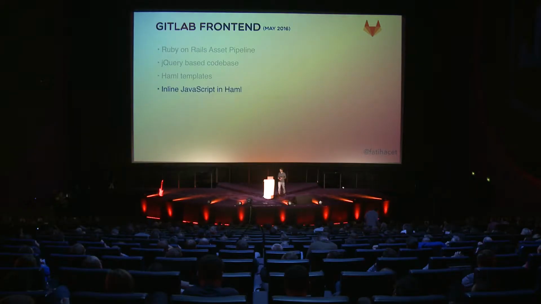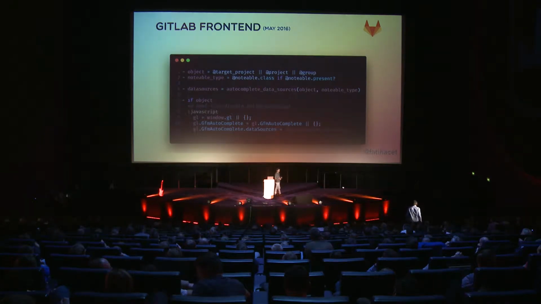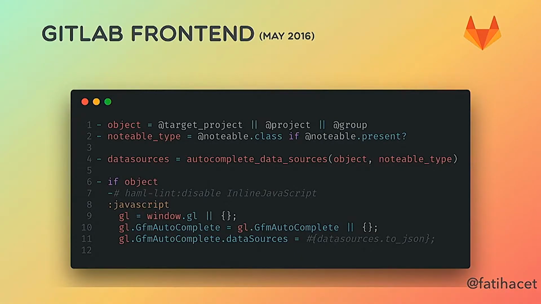And then we had inline JavaScript in HAML templates, and it looked something like this. At line 8, there is a JavaScript tag, and lines 9, 10, and 11 were creating some simple JavaScript code in the page, included with this script tag, which we don't like.